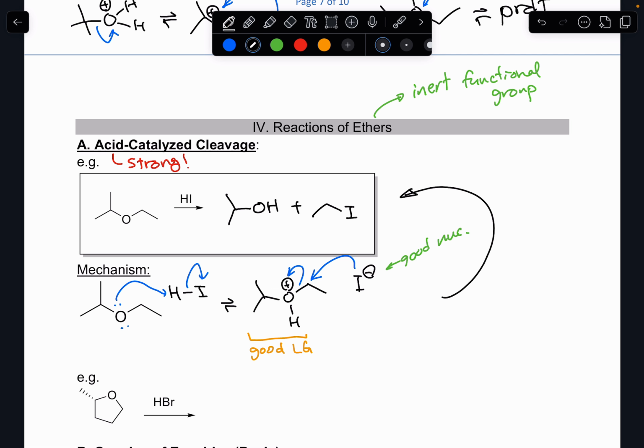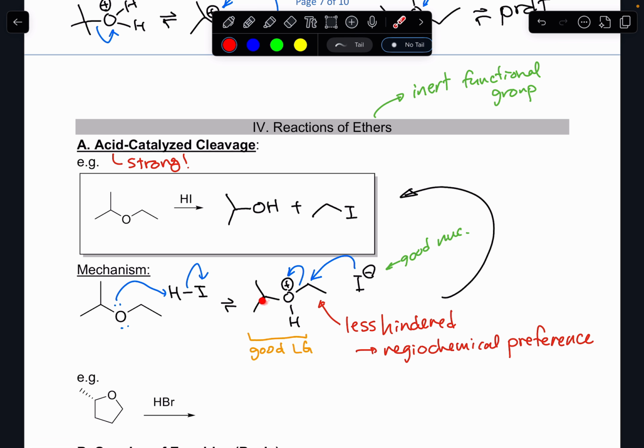It simply has to do with the fact that this is the less hindered side of the ether. So you don't get the product where the iodide attacks the more hindered side. That is the point.